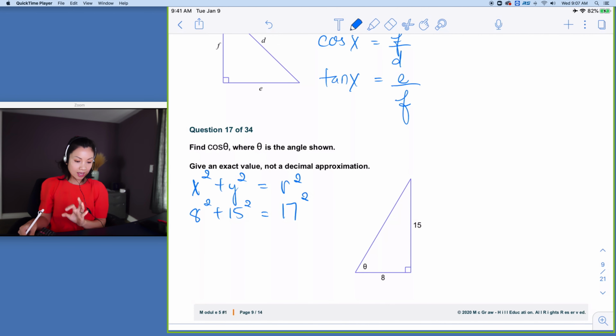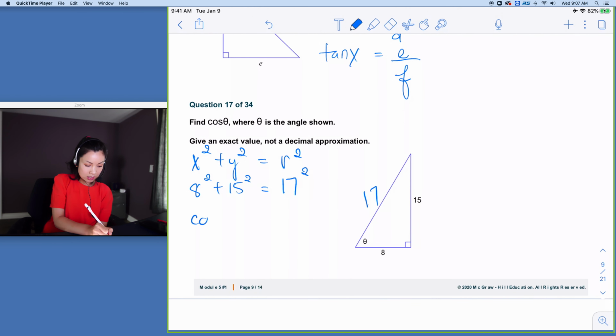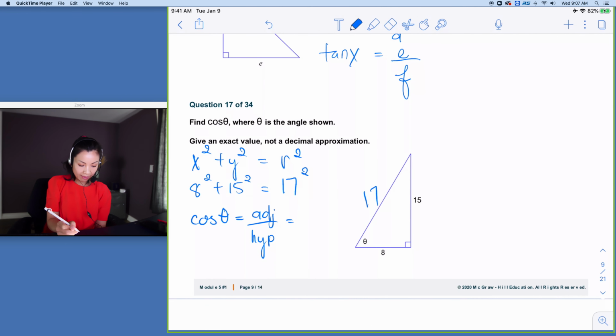I take the square root, so r is 17. So what we have is 8, 15, 17. So cosine is adjacent over hypotenuse, so it's going to be 8 over 17.